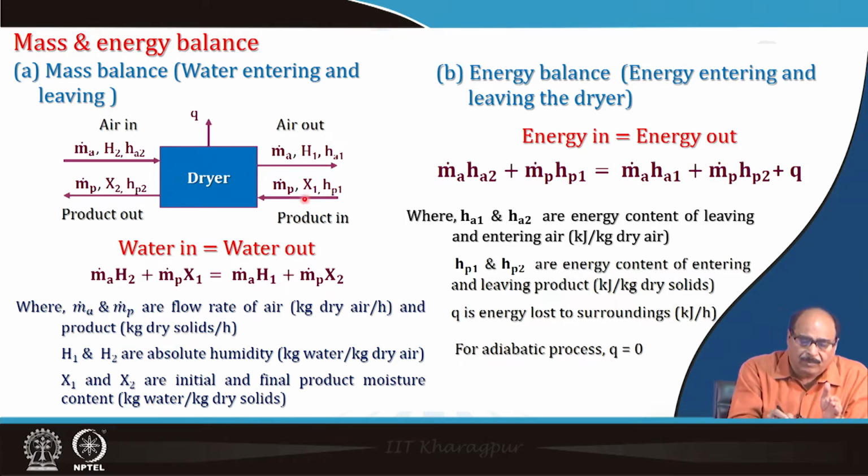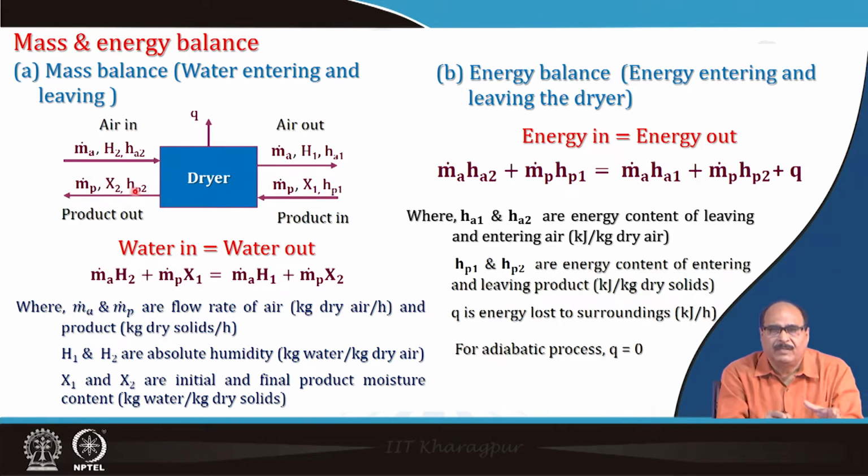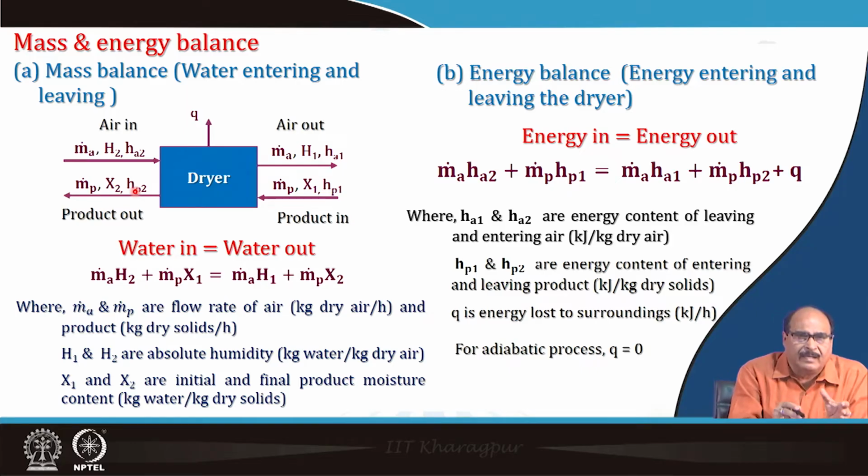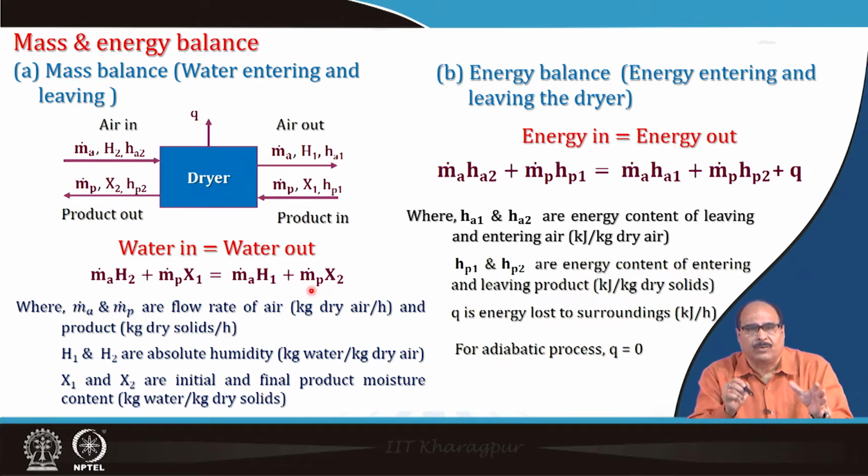So, you have the mass of the product, initial and final moisture content, and energy content, whatever is entering, and accordingly what is leaving: the mass of the product leaving, energy content of the product leaving, and moisture content which is remaining in the product. From this information one can calculate MA H2 + MP X1 = MA H1 + MP X2. From this equation you can get the mass balance or water balance.